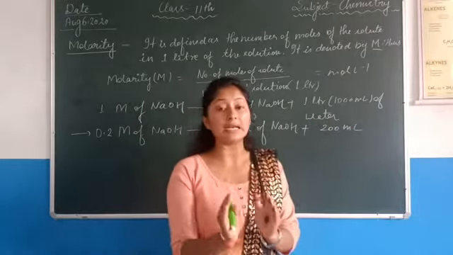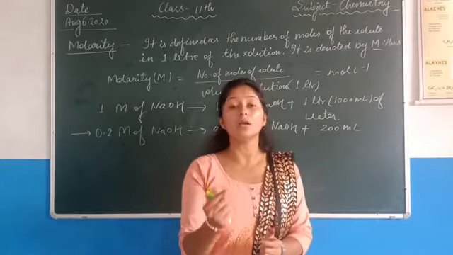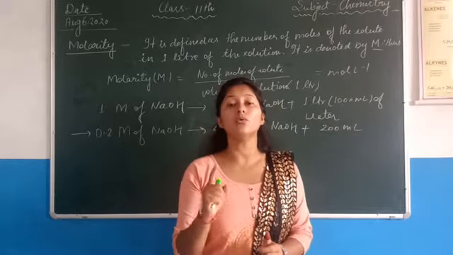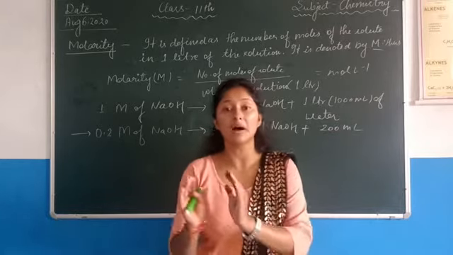So 1000 मिलीलीटर ऑफ वाटर में 1 मोल ऑफ सोडियम हाइड्रोक्साइड का मतलब है 1 मोलरिटी सॉल्यूशन ऑफ सोडियम हाइड्रोक्साइड.